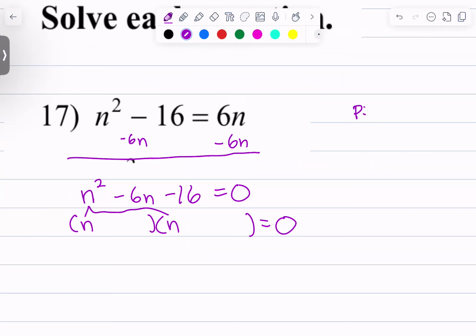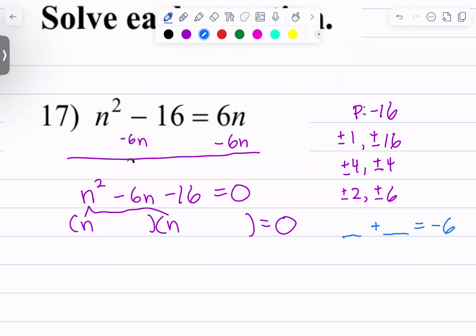So get the product of negative 16, which is plus or minus 1, plus or minus 16, plus or minus 4, plus or minus 4, plus or minus 2, or plus or minus 6, right? And I want those two numbers to add up to negative 6. What are those two numbers?